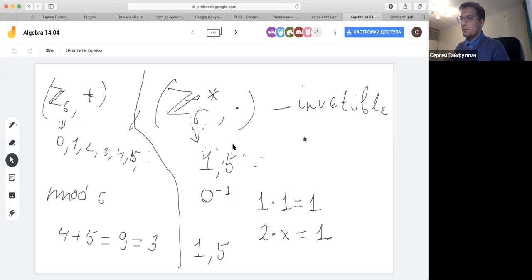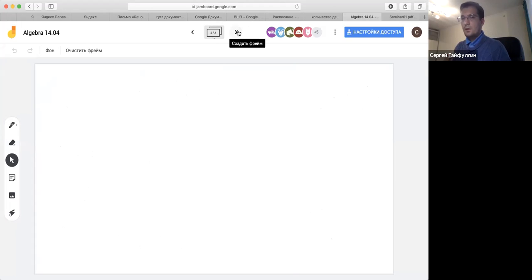But if the modulus is not 6 but prime, then you have a lot of elements. Let me show, for example, Z7 with multiplication, that's Z7 star. Then there are elements 1, 2, 3, 4, 5, 6.